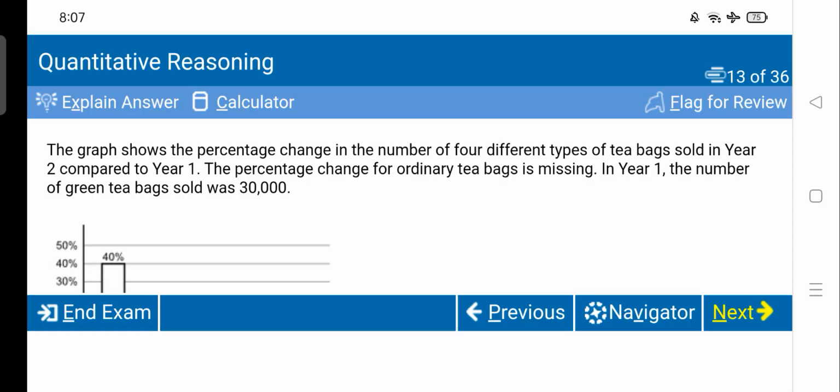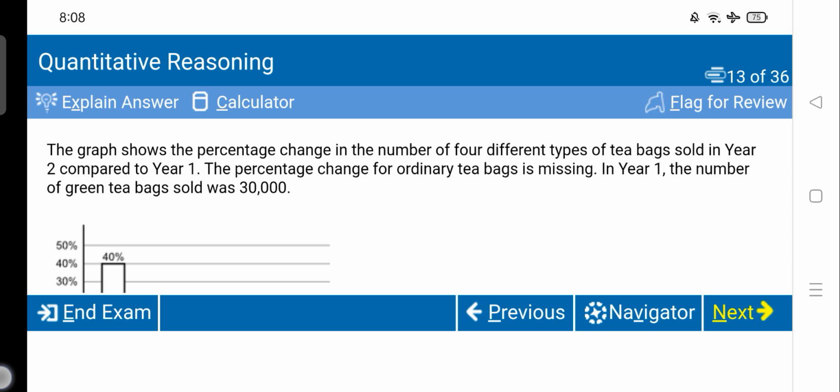Next we have question number 13, which says the graph shows the percentage change in the number of 4 different types of tea bags sold in year 2 compared to year 1. The percentage change for ordinary tea bags is missing.